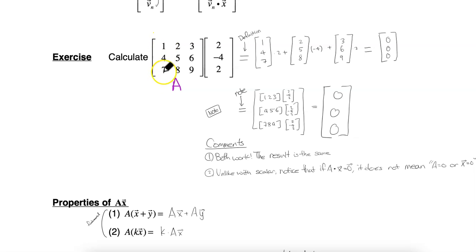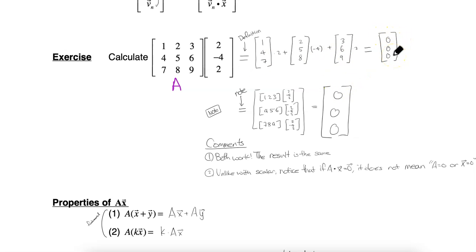So this is V1, V2, V3. And the way the definition goes is that we do V1 times 2 plus V2 times -4 plus V3 times 2. So this is what it looks like, V1 times x1 plus V2 times x2 plus V3 times x3. And if you just proceed to computing this, you will see that the answer is 0, 0, 0.